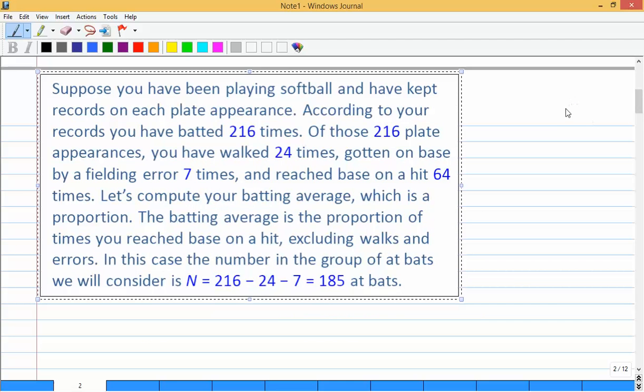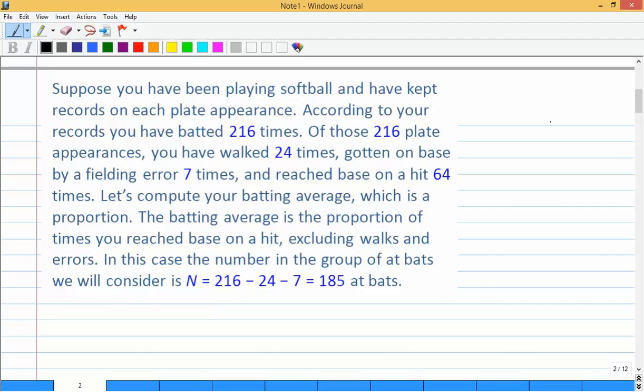Suppose you've been playing softball and have kept records on each plate appearance. According to your records, you've batted 216 times. Of those 216 plate appearances, you've walked 24 times, gotten on base by a fielding error 7 times, and reached base on a hit 64 times.